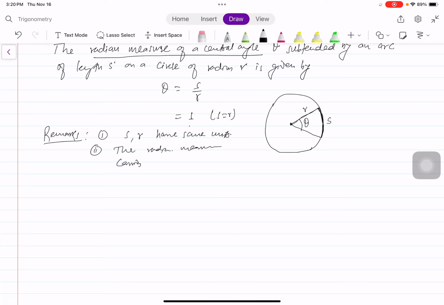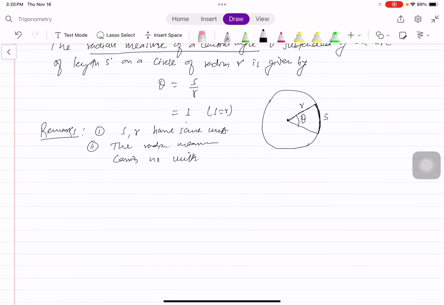What is the reason? First of all, this is a ratio, and they are measured in the same system, either centimeter and centimeter or kilometer and kilometer, such type of thing.